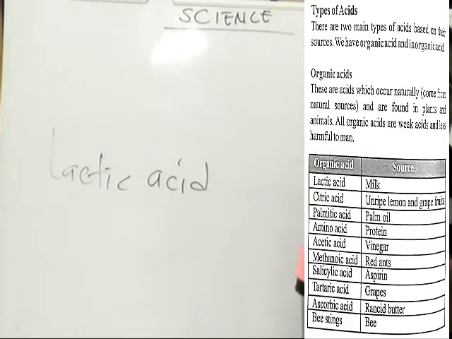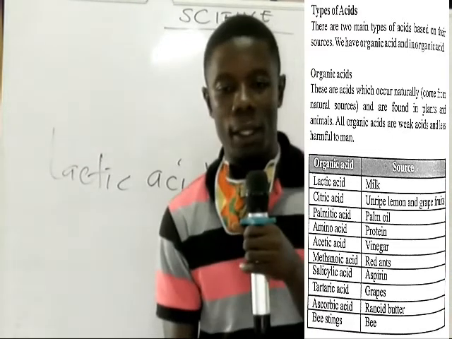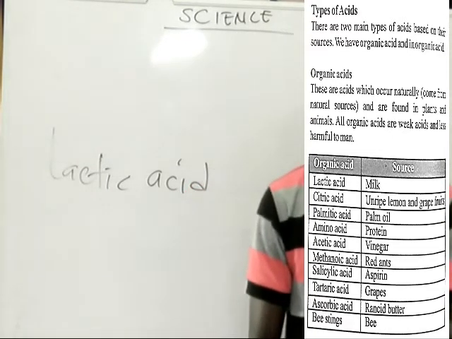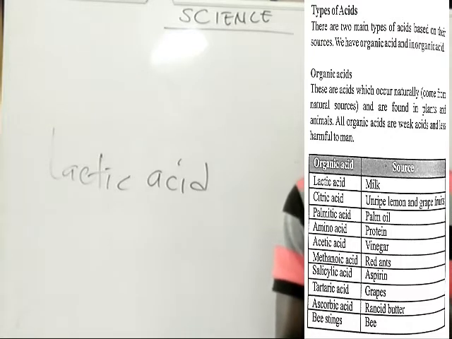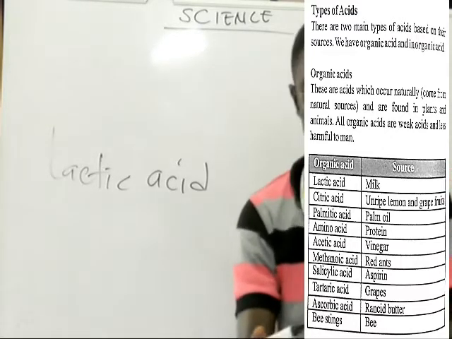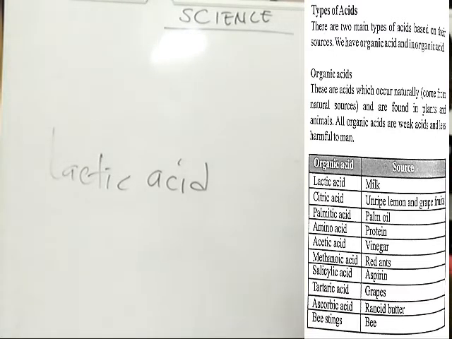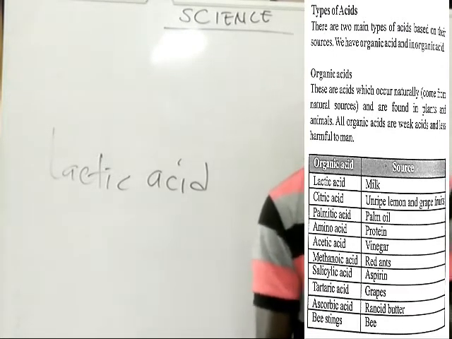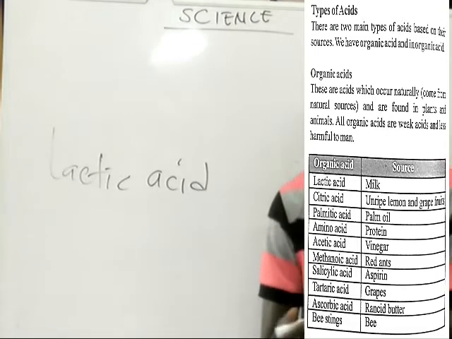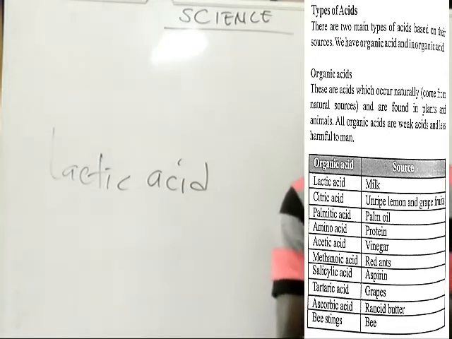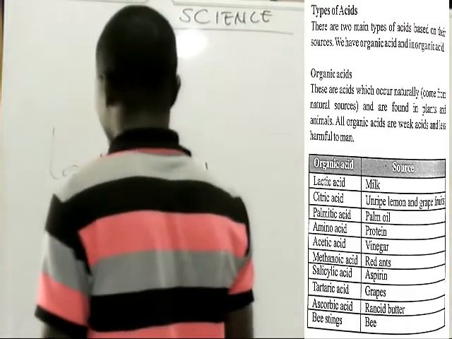If a woman has given birth and is feeding her baby, the process is known as lactation. If the woman is giving breast milk to the baby, that is lactation. So its source is milk.